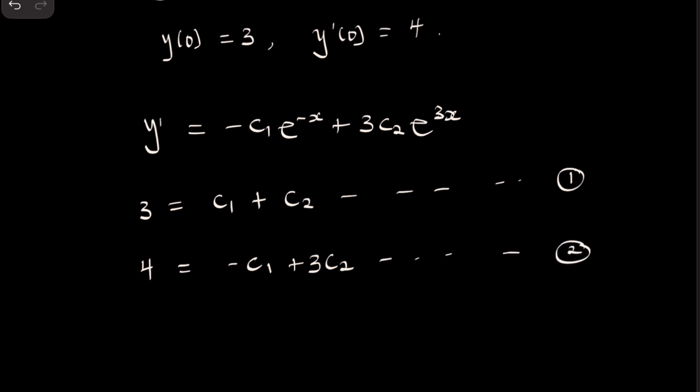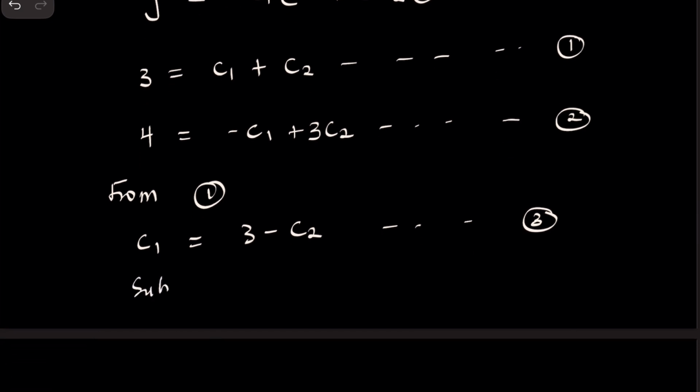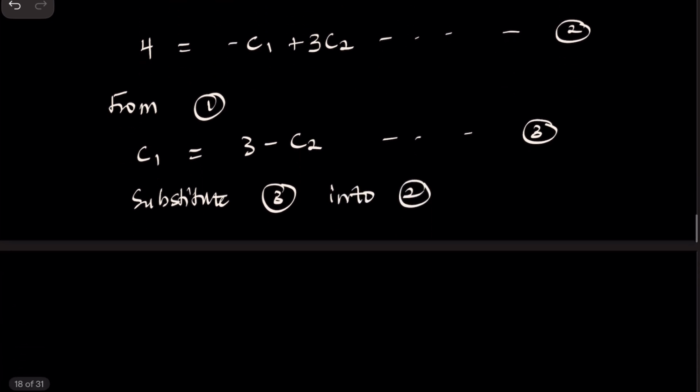Then we have to solve this system of equations. So from equation 1, we can say that C1 is equal to 3 minus C2. We call this guy equation 3. Then we substitute equation 3 into equation 2. And so we are going to have 4 is equal to minus C1, but C1 is 3 minus C2, plus 3 C2.